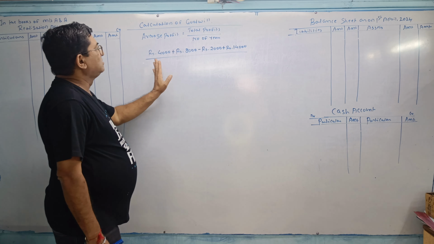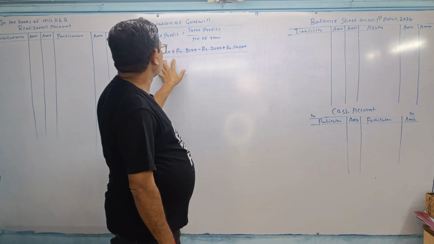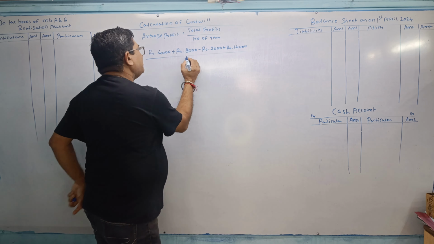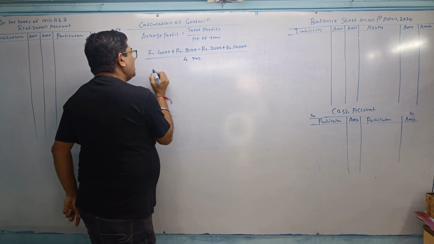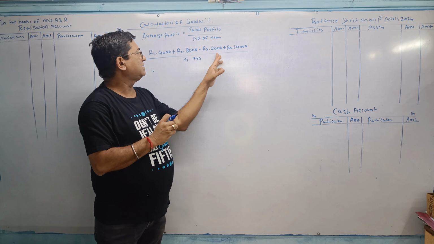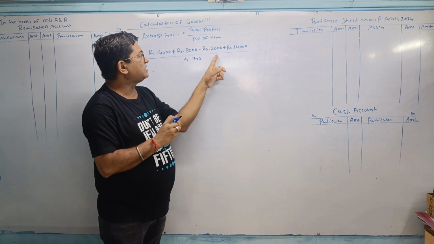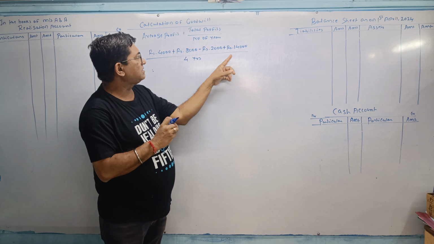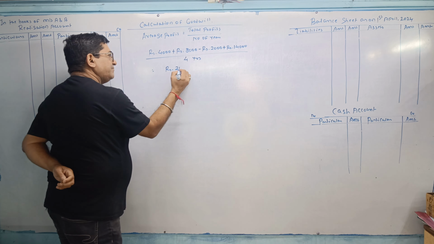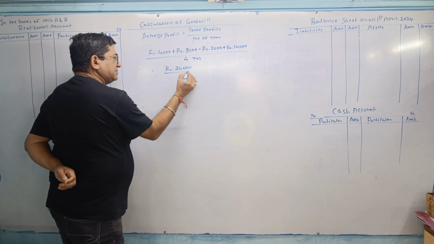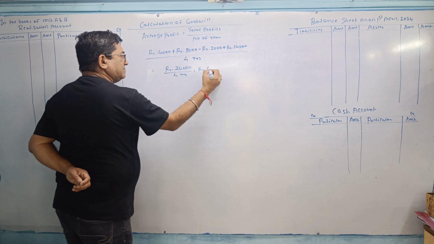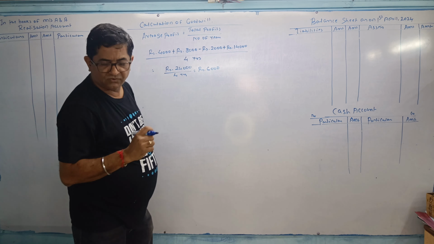Total profit 4,000 plus 8,000 minus 2,000 plus 14,000 divided by 4 years. 4 plus 8 is 12, minus 2 is 10,000, plus 14 is 24,000. So rupees 24,000 divided by 4 years equal to rupees 6,000. गुडविल आया 6,000.